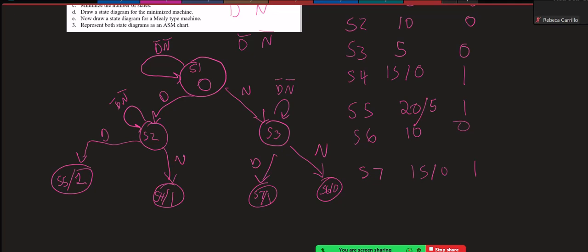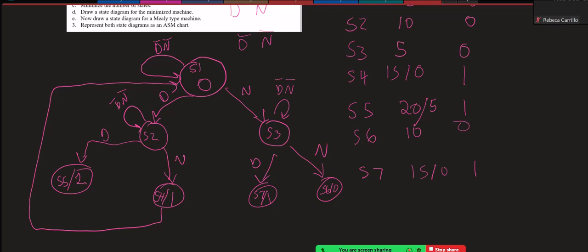We're doing Moore type, right? And then from S4, no matter what, we're going to go back to S1, because from S4 we had no change left, so we're going back to that state. Am I just doing that no matter what, or did I not do this completely?